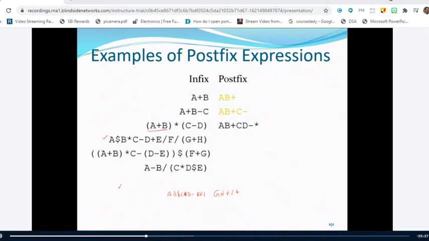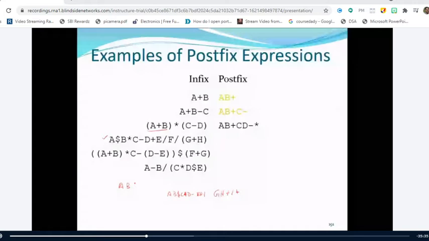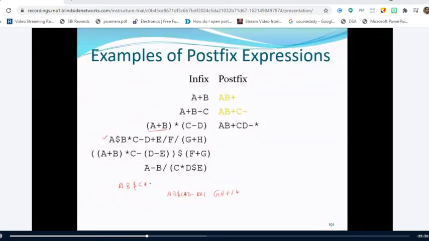A, B, dollar, C, star, D minus, E, F, G, H, plus, division, plus. You made a mistake somewhere here.